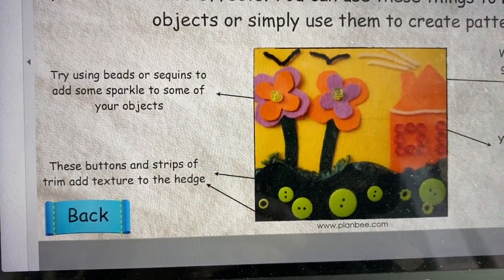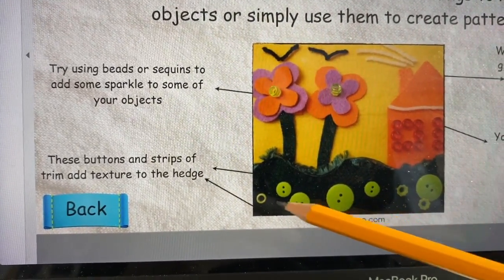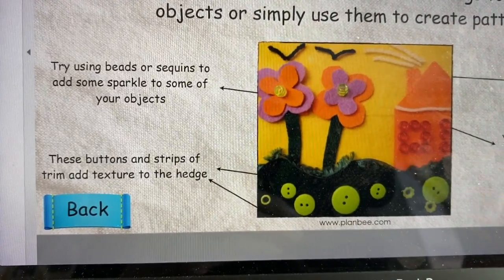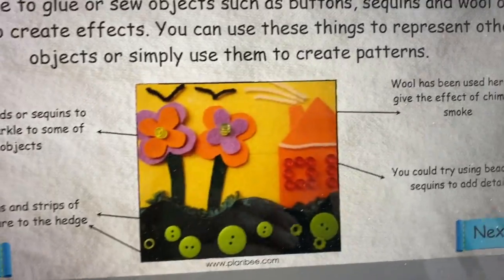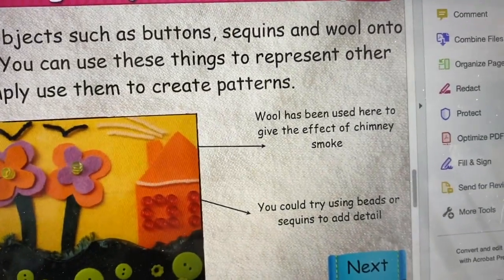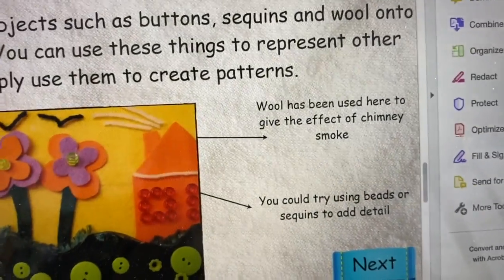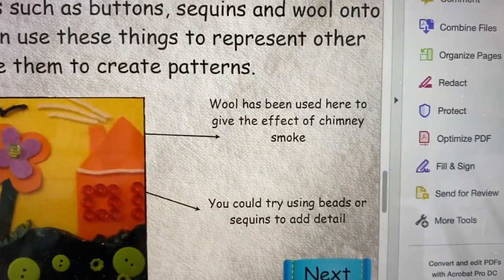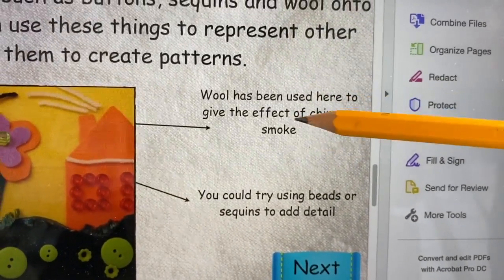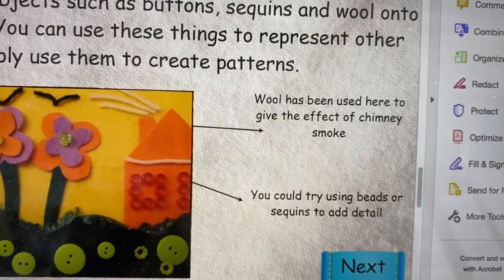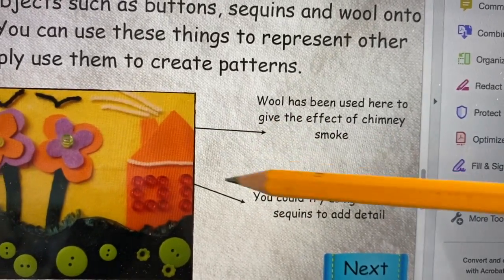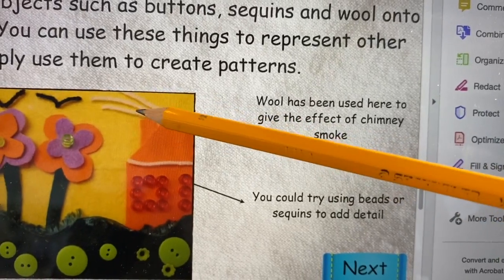These buttons down here and strips of trim add texture to the edge. Ooh, I can't really see everything through this phone very well. Wool has been used here to give the effect of a chimney.